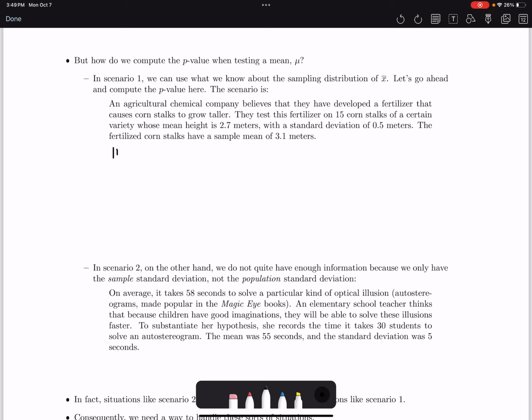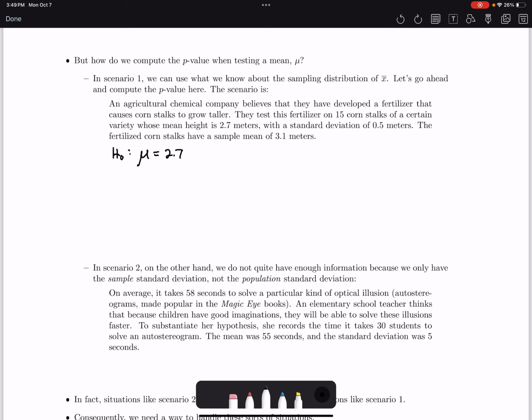So first of all, we should probably state what our null and alternative hypotheses are. The null hypothesis here is that the fertilizer is not effective. The null hypothesis is always a statement of no change, no effect. And if the fertilizer is not effective, then the average height of our corn stalks would be 2.7, the same as it is for all the other corn stalks.